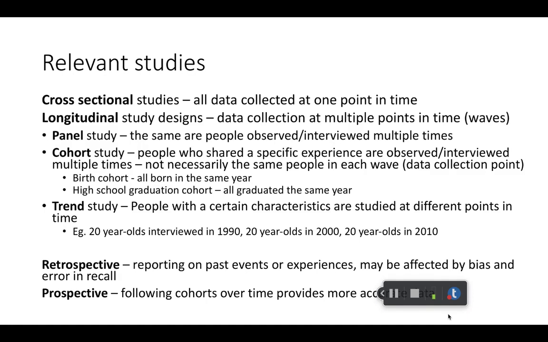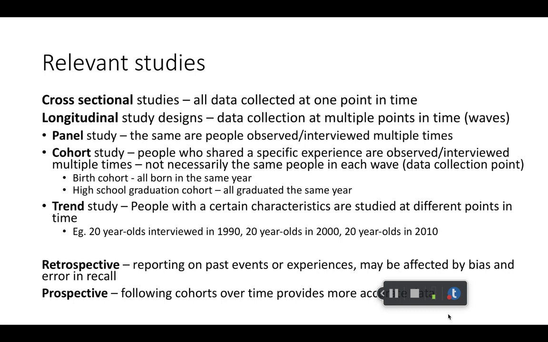These data come from a variety of kinds of studies. Cross-sectional studies collect all data at one point in time. Longitudinal studies collect data at multiple points in time, and we call these different data collection time points waves. So we say there are multiple waves of data collection. There are essentially three types of longitudinal studies.